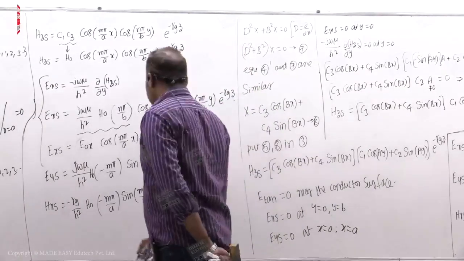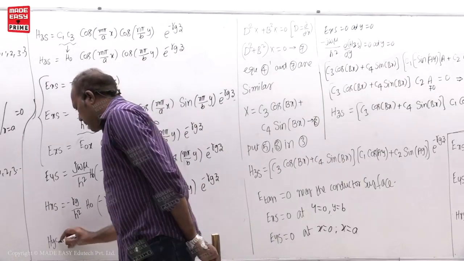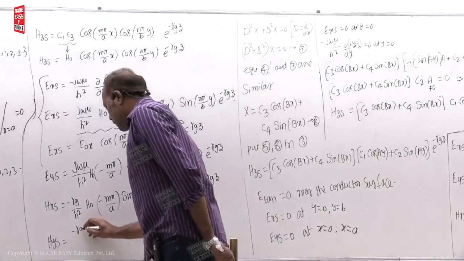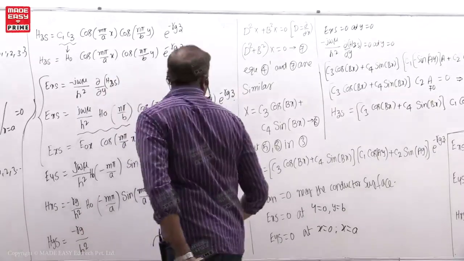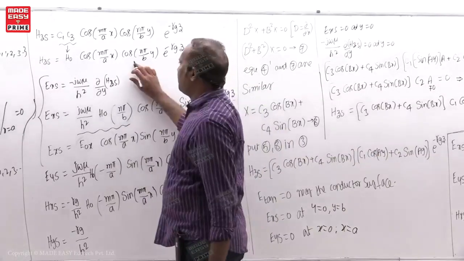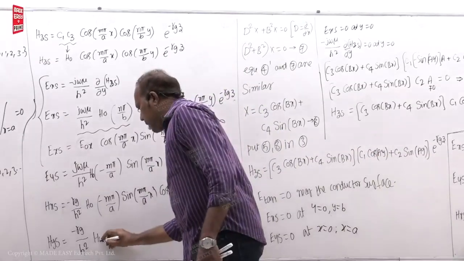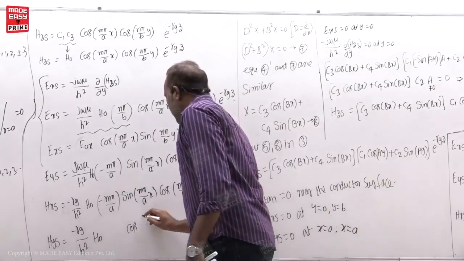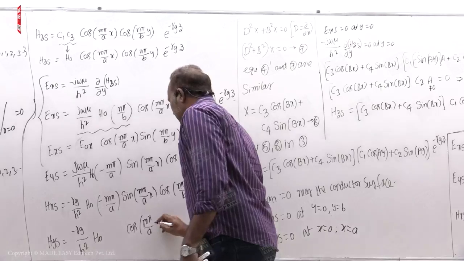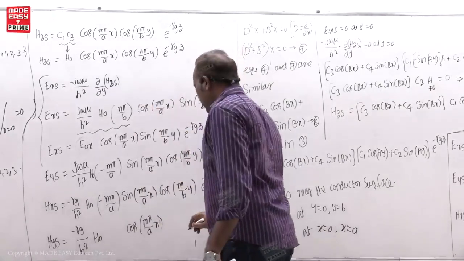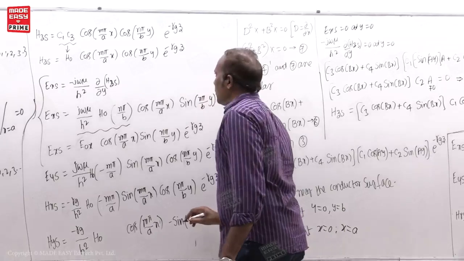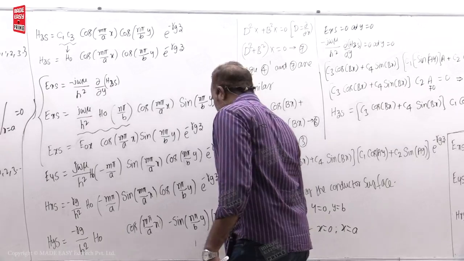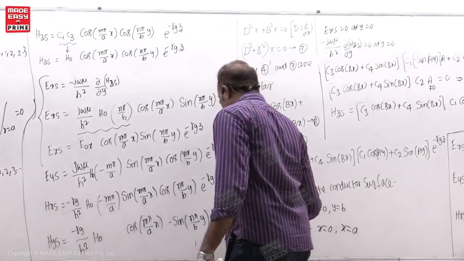So similarly, last term Hys. Hys is equal to minus gamma g by h square, and you have to differentiate Hz with respect to y. So H naught as it is, cos of m pi by a into x, differentiate with y, then minus sine, you get n pi by b into y, so n pi by b and e power minus gamma g z.